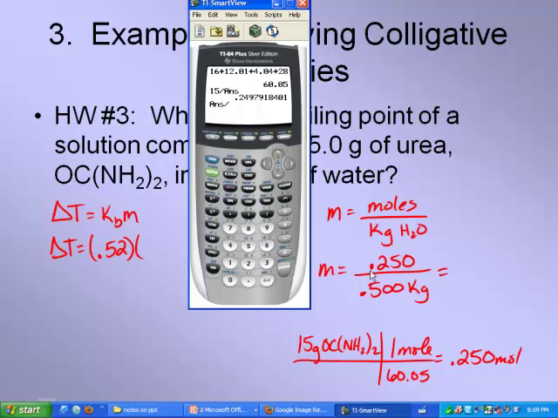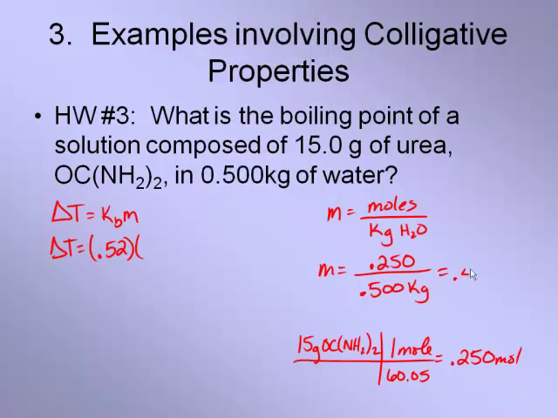I'm doing this math right here. So take that number, divide by 0.5, and I get 0.4996 little m. Remember, units are important.